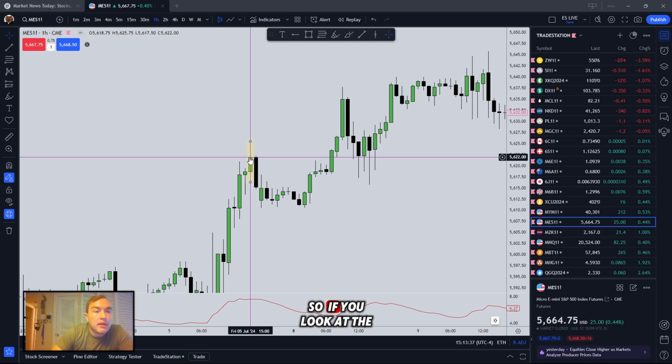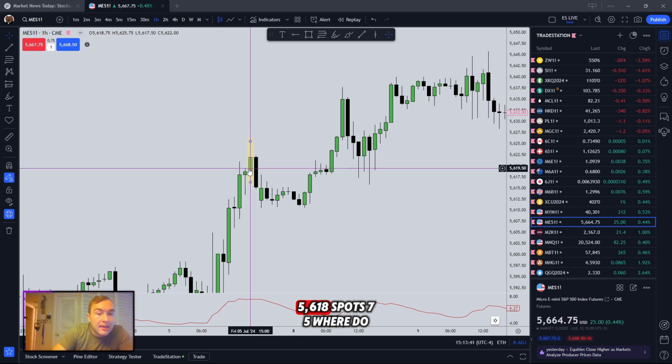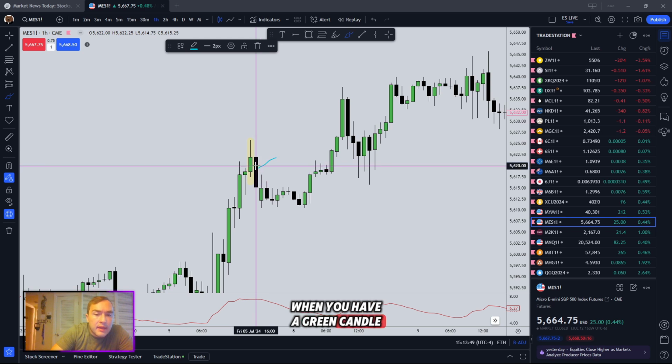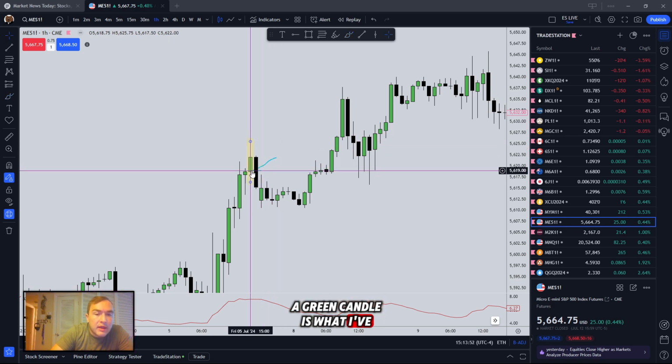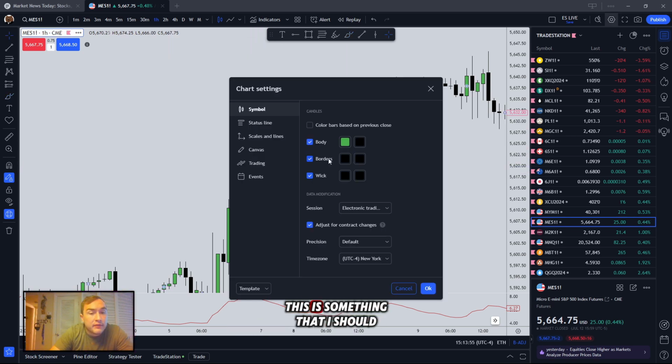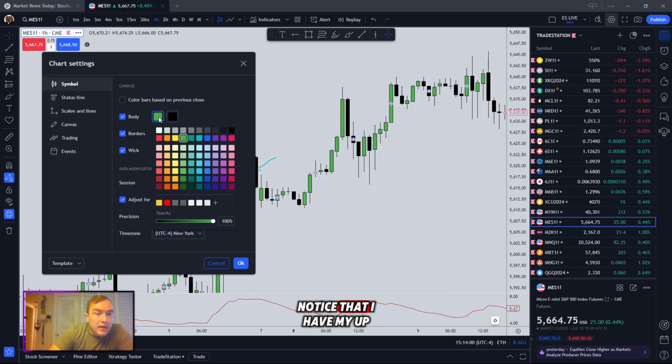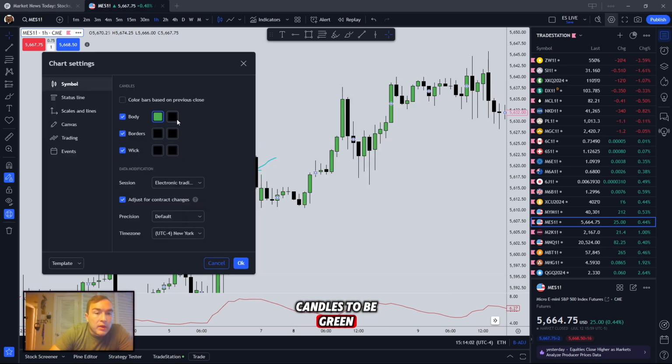So guys, if you look at the top, notice that it says 5,618.75. Where do you see that on the candle? Where is that visually on the graph? When you have a green candle, and this is something that I should show you as well, guys, if you go to your stock settings, notice that I have my up candles to be green and my down candles to be black.